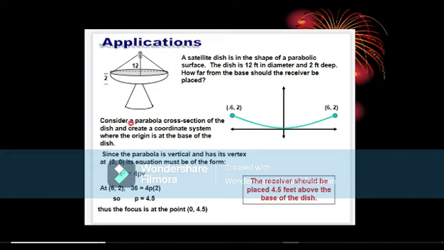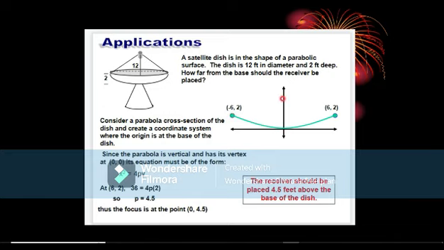So consider a parabola cross-section of the dish and create a coordinate system where the origin is at the base of the dish. So you will have it here. Since you know that the focal diameter, or the length of the latus rectum, is 12, and it is 2 feet deep, from the vertex to here is 2 feet.